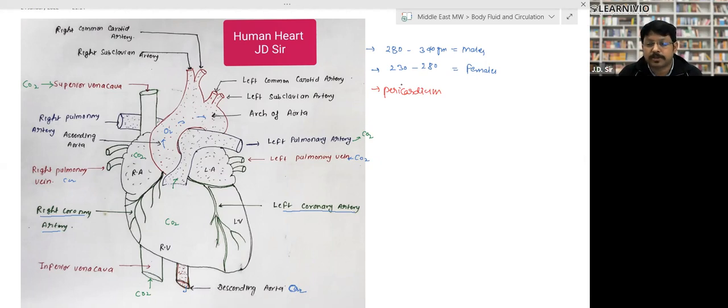It's a pouch-like structure around the heart, which remains filled with pericardial fluid.